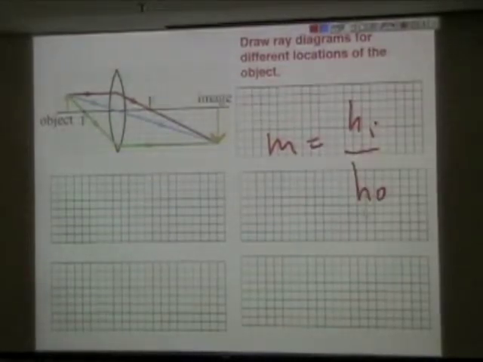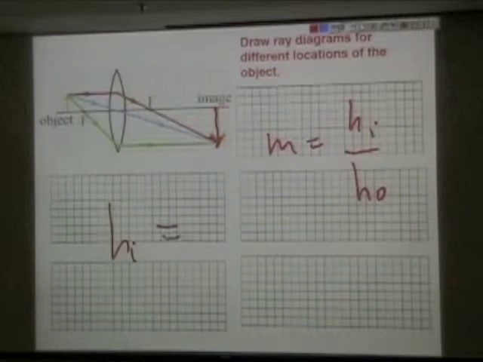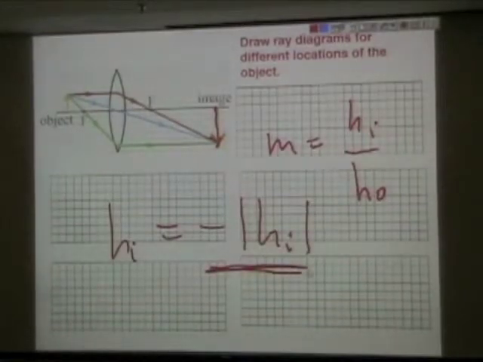And we know that the rule says when the image is inverted, the size of the image is supposed to be negative. So that's how we can write it mathematically, which means the magnification is a negative number. Any negative number, especially a large negative number like -5, is less than 1.